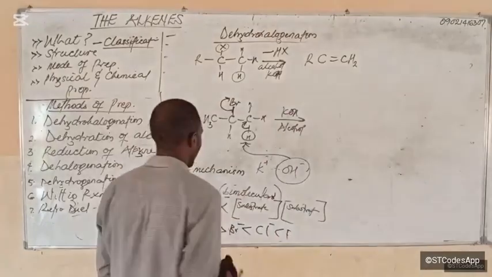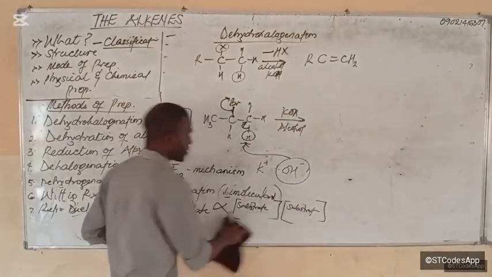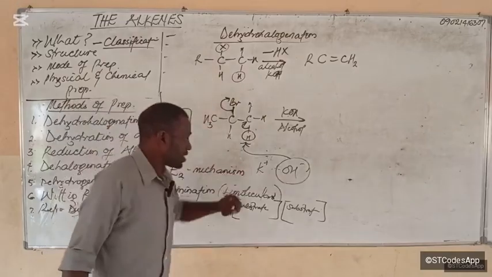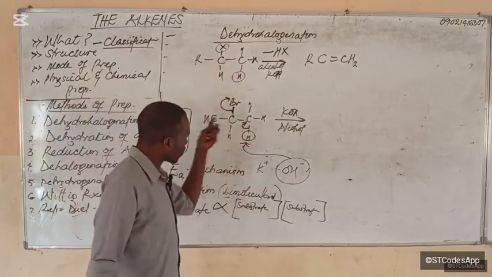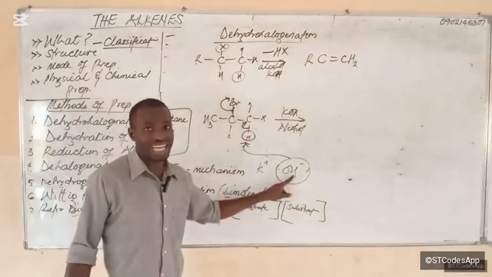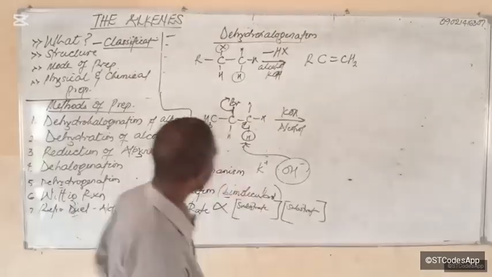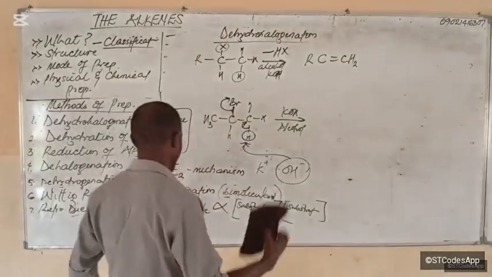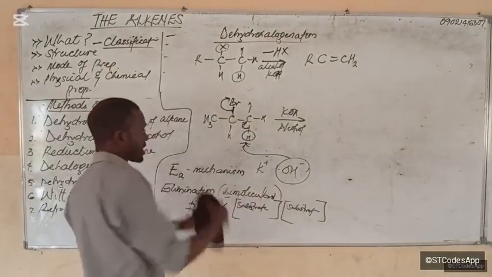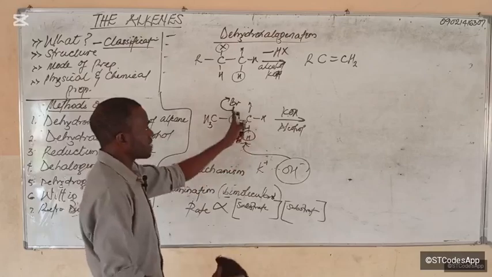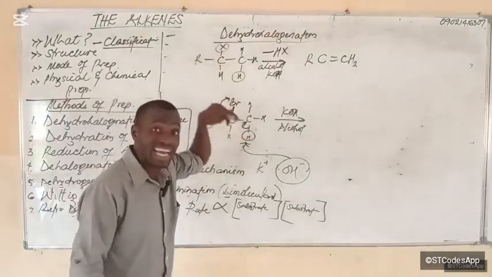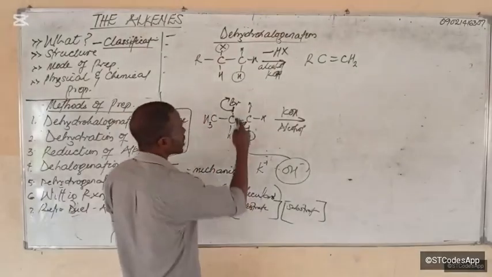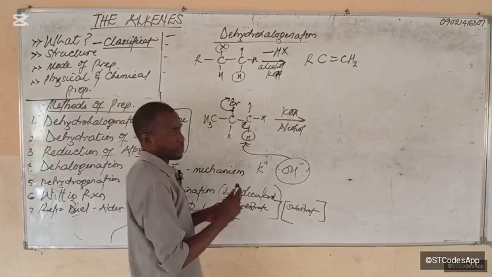Now, here's the other thing. This has to be a good leaving group. So there are two substrates there: this one and the base that is attacking. Simultaneously, as the base abstracts the hydrogen, the leaving group also leaves at the same time, leading to the formation of a double bond between both of them.